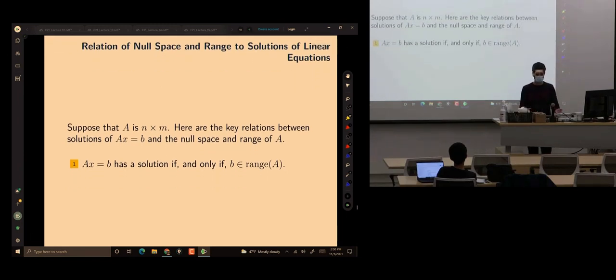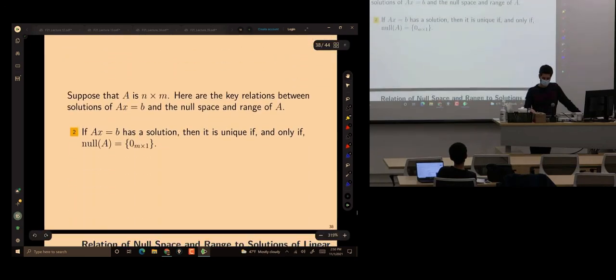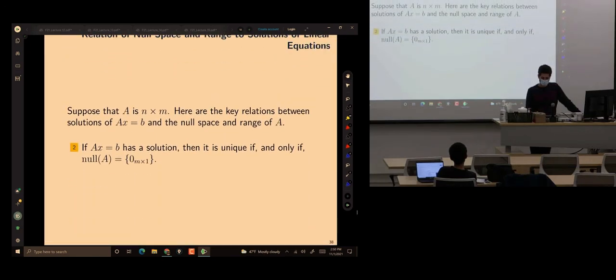And eventually we summarized it that for a system of linear equations, n by m, where A is a rectangular matrix, there is a solution if and only if b is in range of A, meaning it's a linear combination of the columns of A. If there is a solution, it is unique if the null space only contains a 0 vector, because otherwise you get an infinite number of solutions.